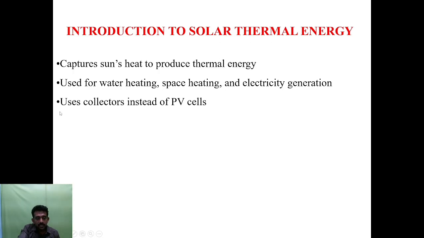And next, in case of collectors, in PV collectors, PV cells are present. In thermal collectors, aluminum plates are present, especially aluminum, which is one of the high heat absorbing metals and is used for the collection of heat from the sun.